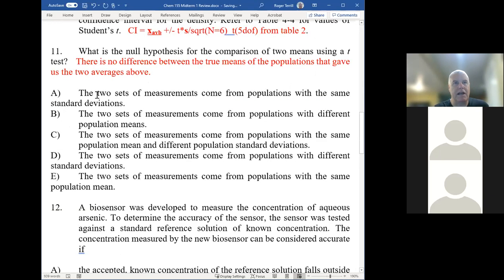So how can we pick this out of this? The two sets come from populations with the same standard deviations? That's not true because they could still be different. Different populations means isn't true.